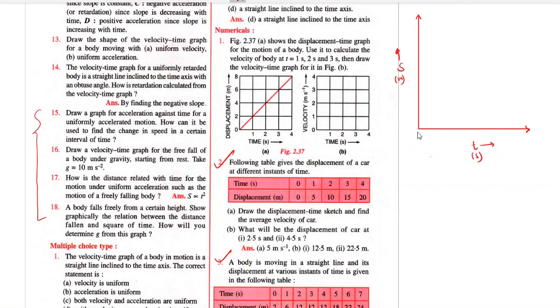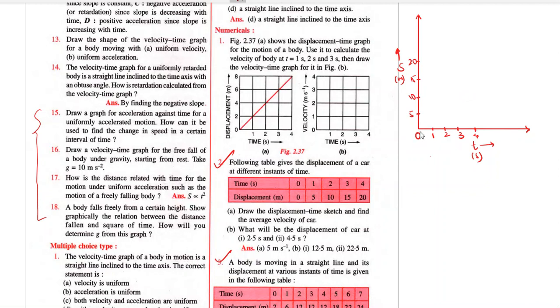Okay. So time is 0, 1, 2, 3, 4. Displacement is 0, 5, 10, 15, 20. And we have to draw displacement time sketch.